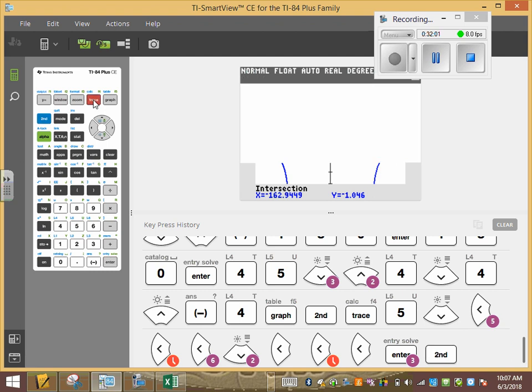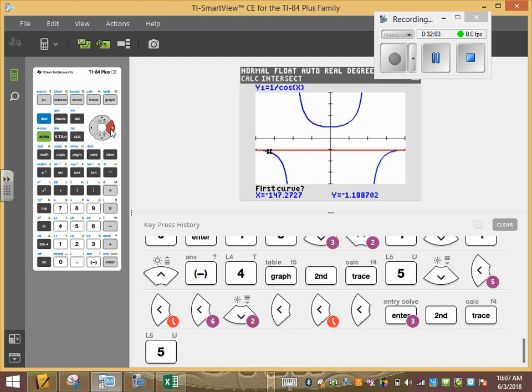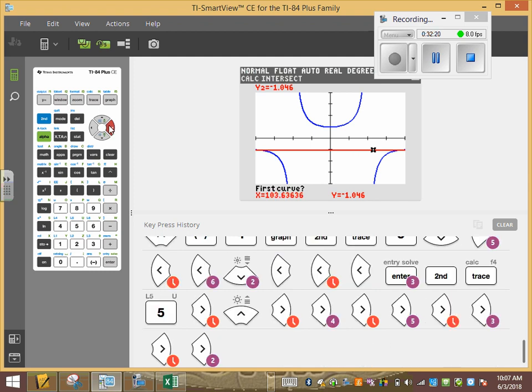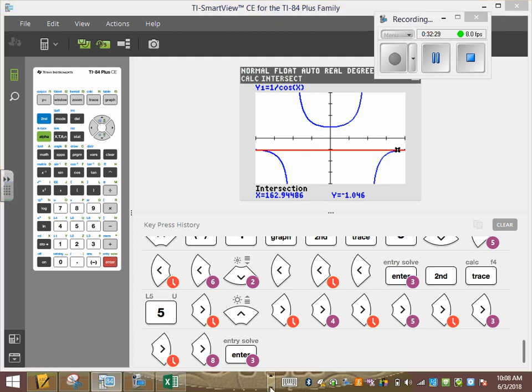And so I can trace 5 all the way over to the other one. Closer to this one. Enter, enter, enter. And 162.9449. So you can check these with your calculator.